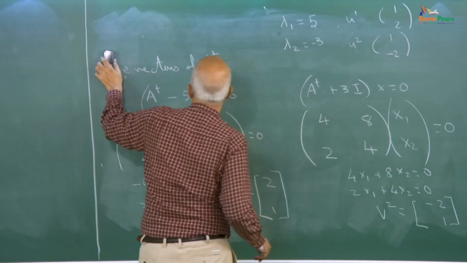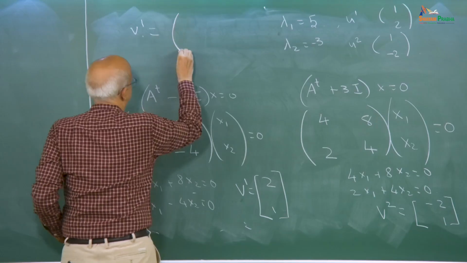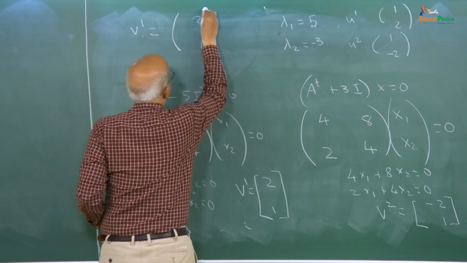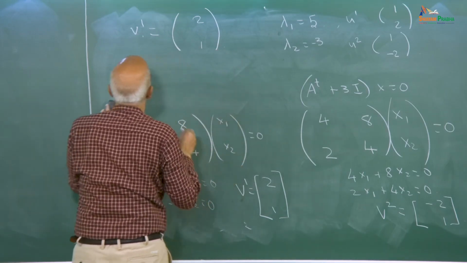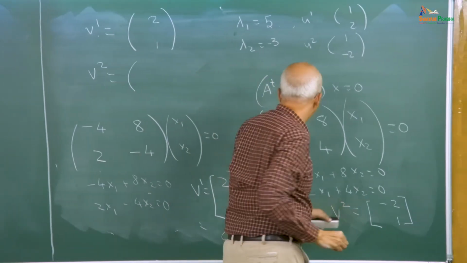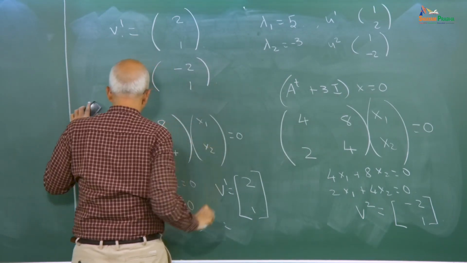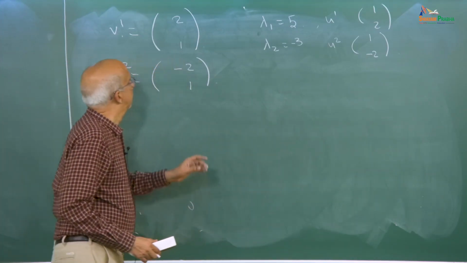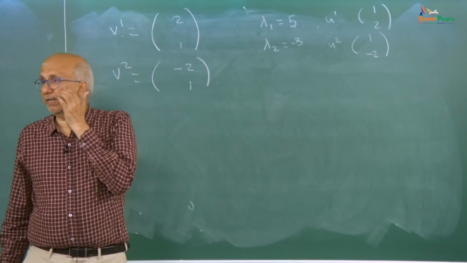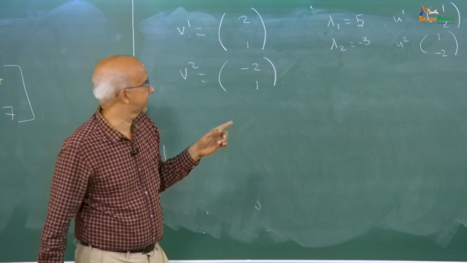So, now V1 is 2 1 and V2 will be minus 2 1. Okay. So, basically that biorthogonality property that I spoke about earlier, I am illustrating that with an example.